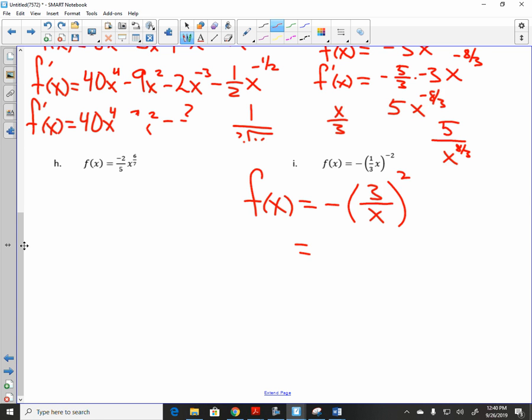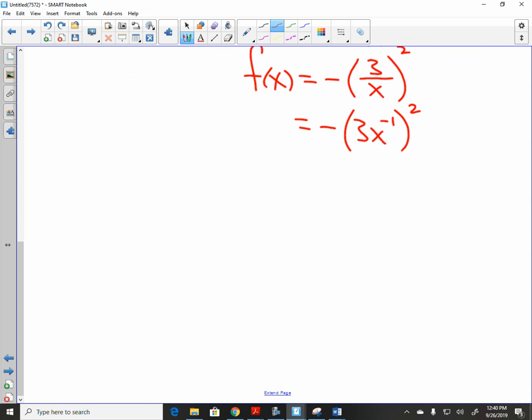So then I'm going to continue to rewrite this as negative 3x to the -1 squared, because I want to make sure I have x to a power. And now I'm going to rewrite it as 3 squared is 9, so I have a -9 x to the -2.